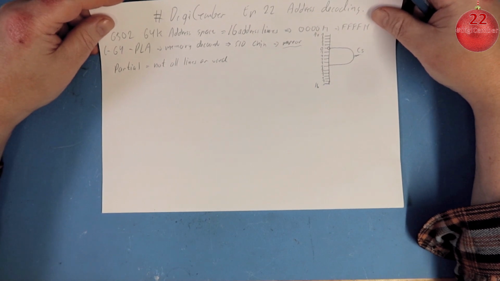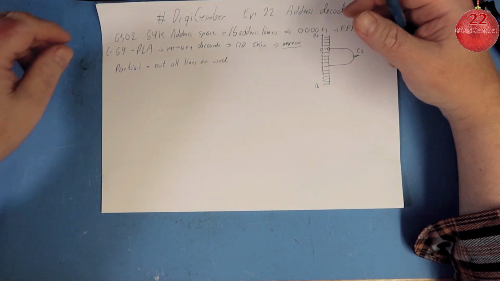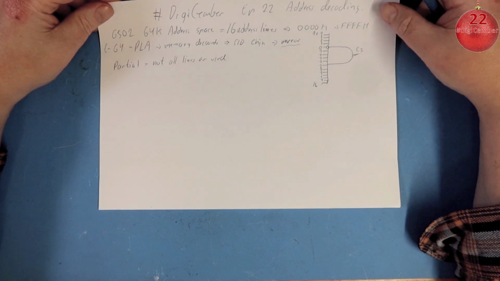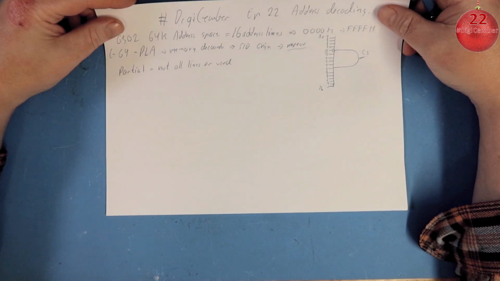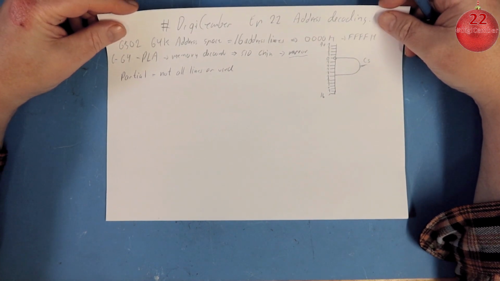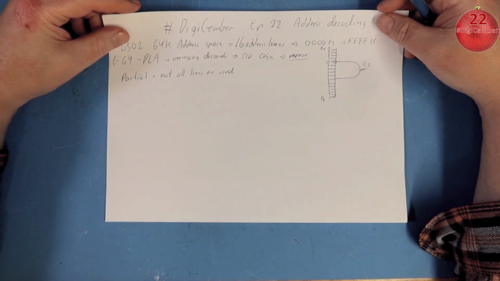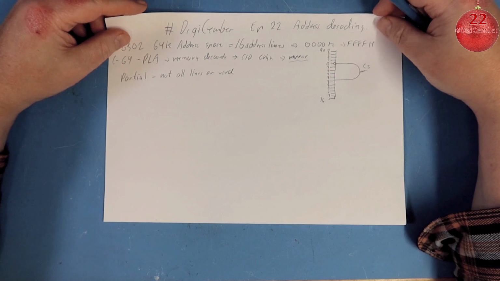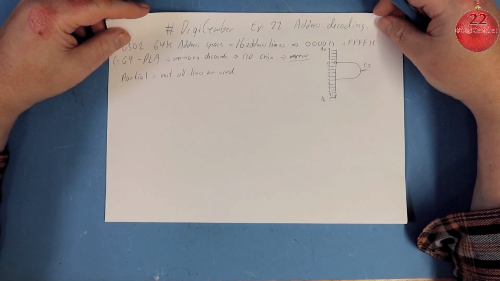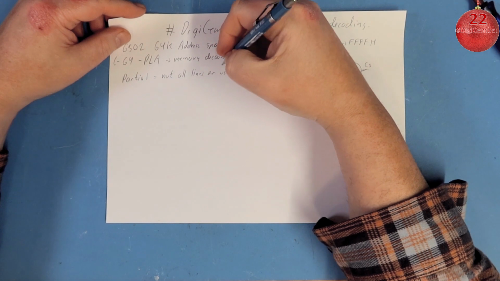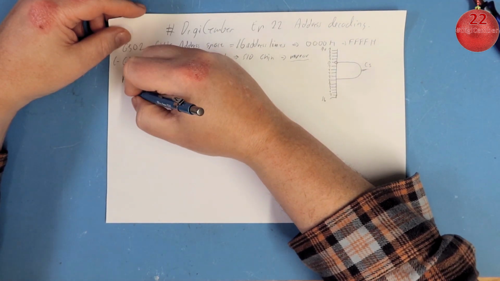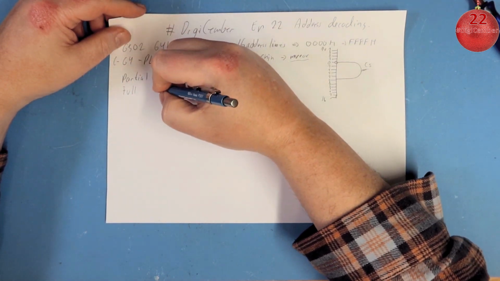So what we are doing is making some logic that handles this, and a very much used chip is the one that we are looking at today, the 74138. And let's look at some of the things that actually can be done on that one. And partial, not all lines are used. And we have the opposite, of course, full, all lines are used.